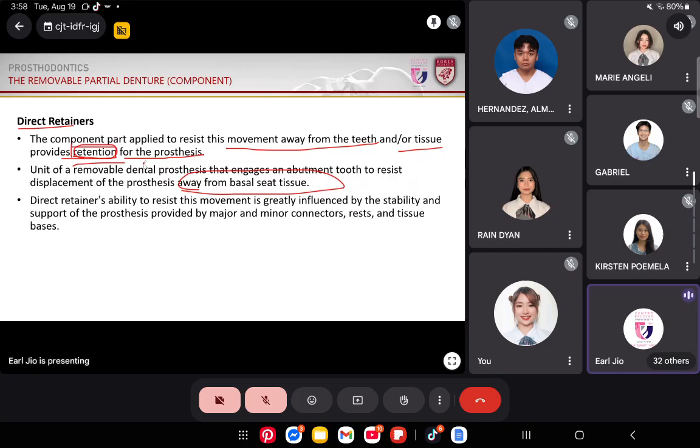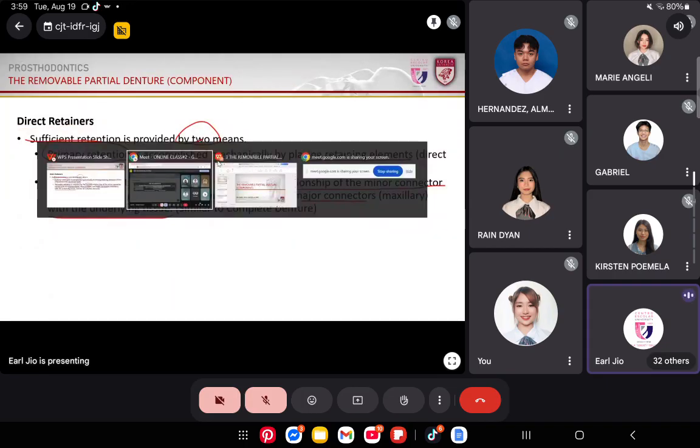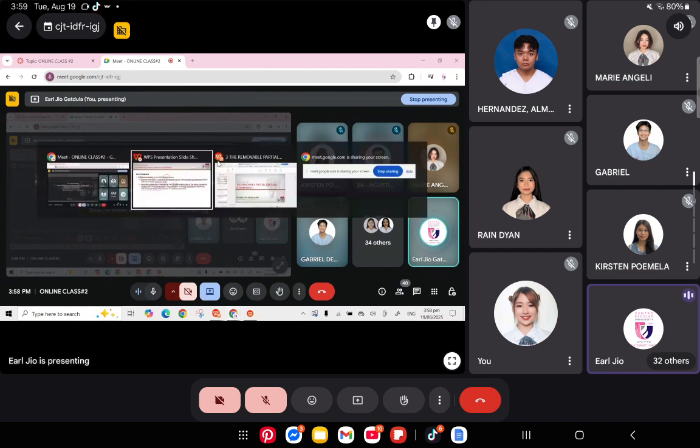That's the meaning of retention. It is a unit of a removable dental prosthesis that engages the abutment tooth to resist displacement of the prosthesis away from the basal seat tissue. The direct retainer's ability to resist this movement is greatly influenced by the stability and support of the prosthesis. Okay? Are you still there? Clear?